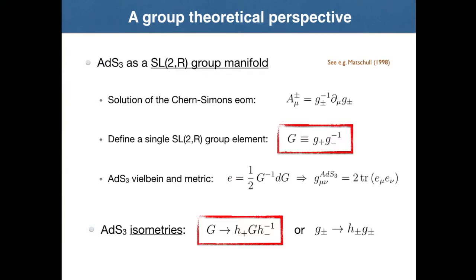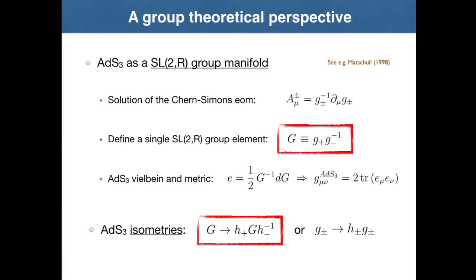For instance, here I'm referring to the Matschull way of building the solutions. I'm not sure it's the first place where this has been worked out in detail, but at least it's an interesting reference. And essentially, as you can understand by looking at this slide, the main idea will be to repeat the same story using SL3 instead of SL2 and try to characterize black hole solutions also in higher spin theories by playing these tricks.